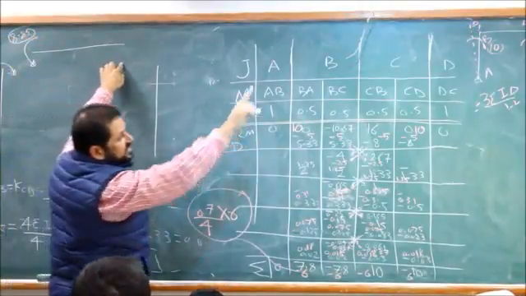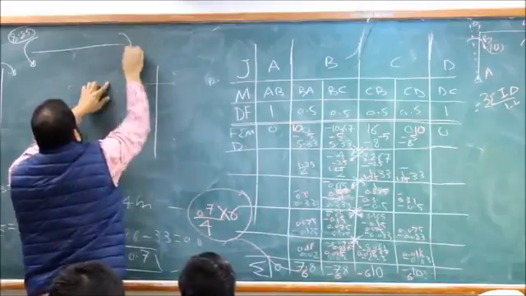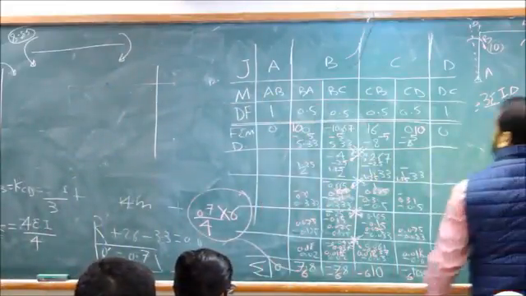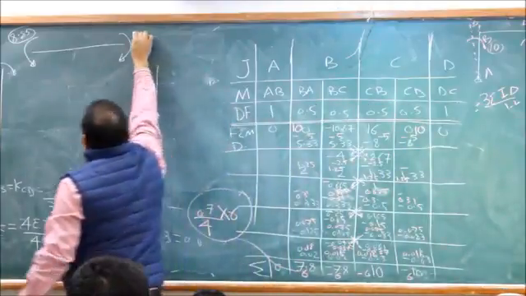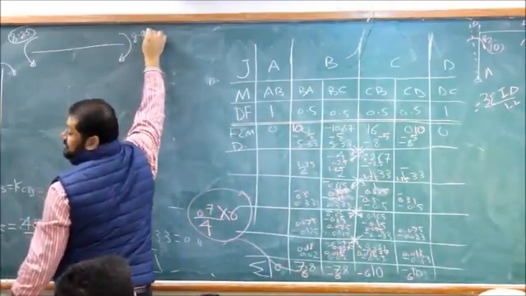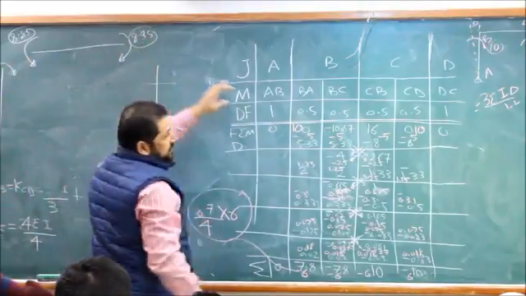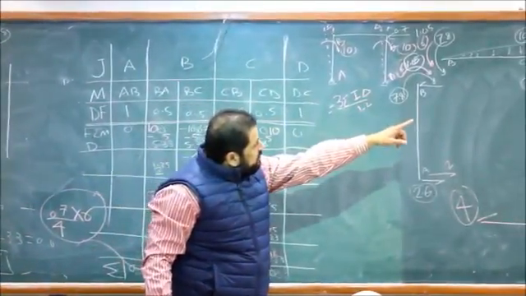Now this one, we have 10 clockwise and the small one. So this one will be 10 minus 1.05, 8.95. It's almost the same, but it's like an approximation.